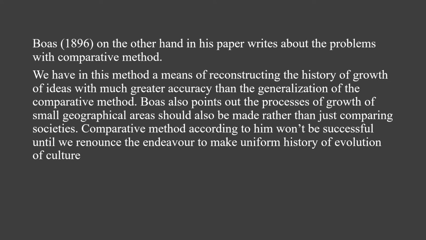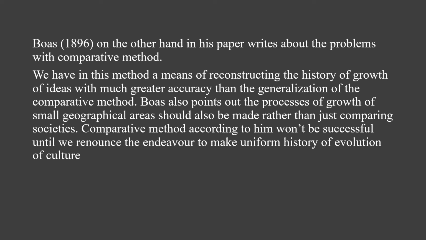Boas, on the other hand, in his paper, writes about the problems with the comparative method. "We have in this method a means of reconstructing the history of growth of ideas with much greater accuracy than the generalization of the comparative method." Boas also points out that studies of the processes of growth in small geographical areas should also be made rather than just comparing societies.